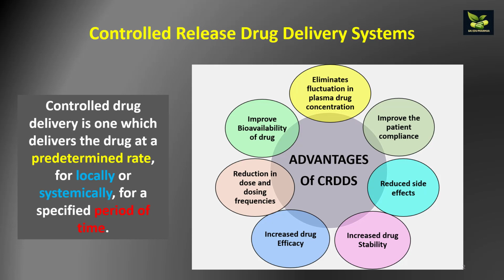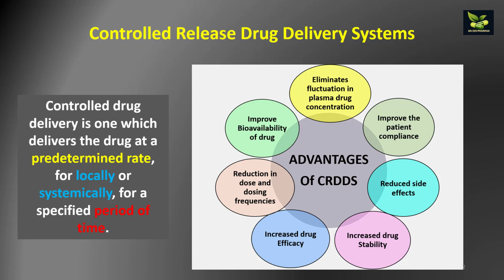When the dose is reduced, dosing frequency is reduced, then patient compliance is achieved, that is, the patient feels happy because the patient does not have to take the drug so many times. Then the quantity is reduced, so side effects are reduced. Then because we are delivering the drug in a particular delivery system, stability is achieved. Then increased drug efficacy is achieved.